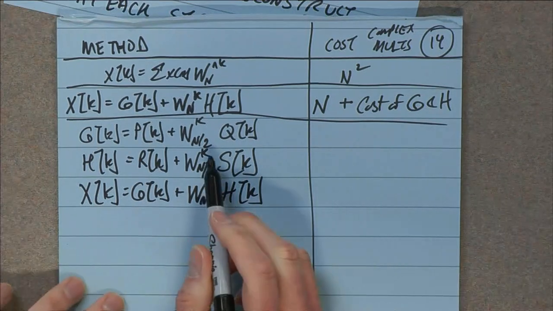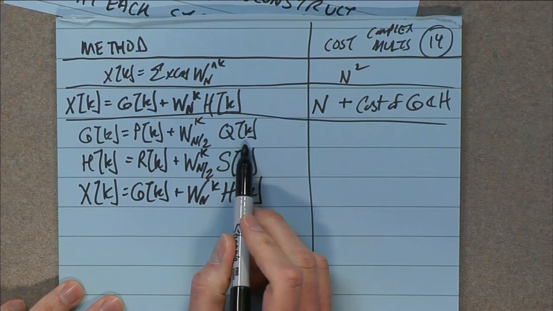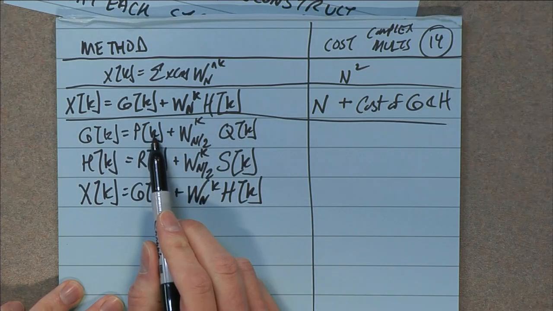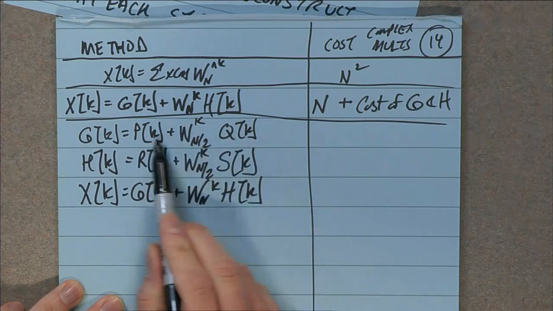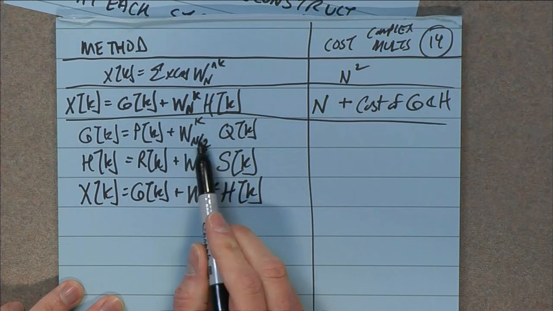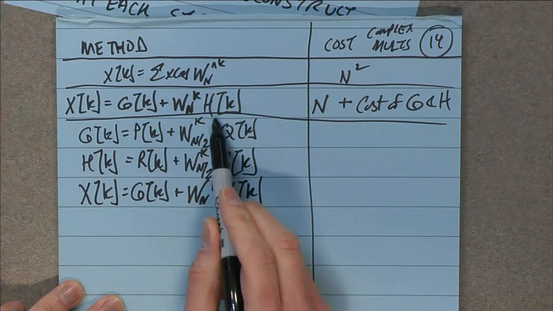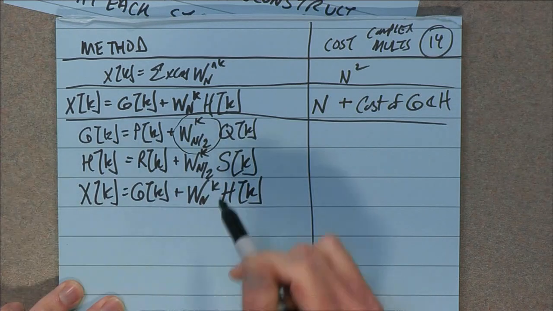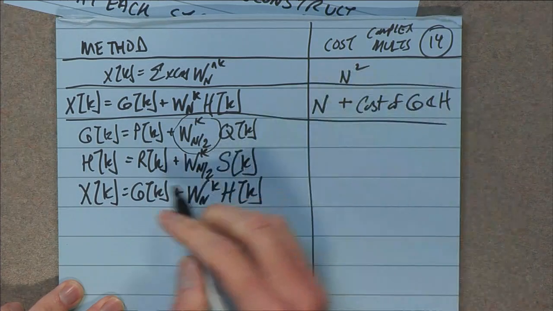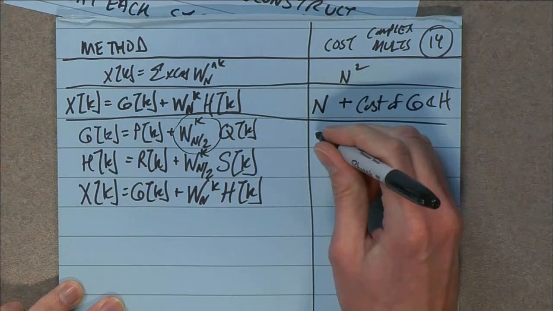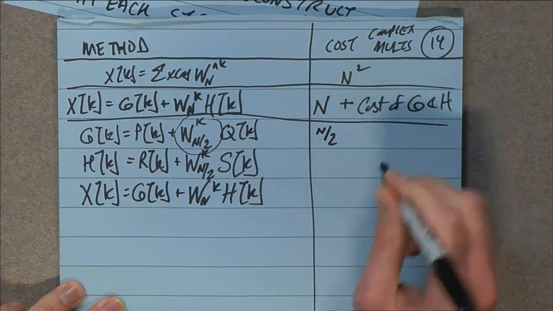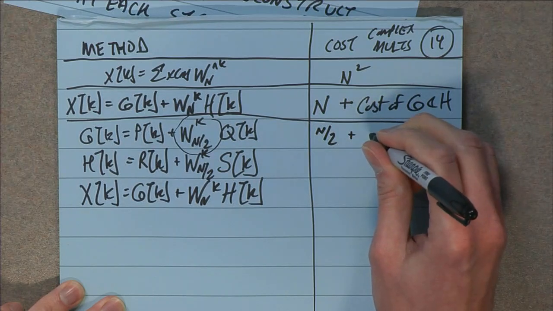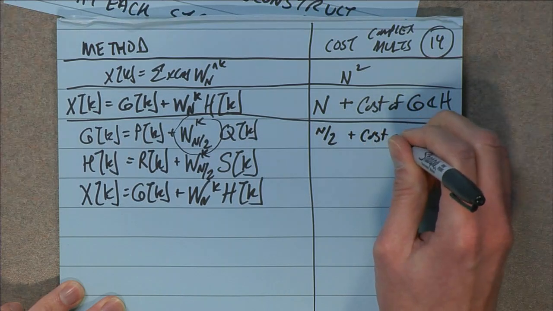Well, if we go back up to this G of k, these two sequences are what? They're n over 4, but this one's n over 2 because G of k is n over 2. So this factor here, this kind of glue factor, is what's driving us. So since G of k is an n over 2 point DFT, it's going to be n over 2, plus the cost of what? P and Q. Right?